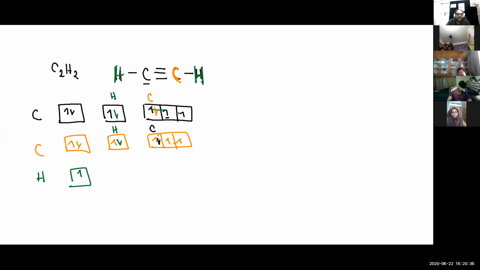So how many free orbitals are there? 4, meaning 2 on each carbon. This is free, this is free. What will happen to them? They'll form pi bonds, with sideways overlap.